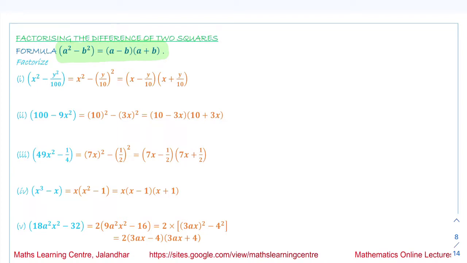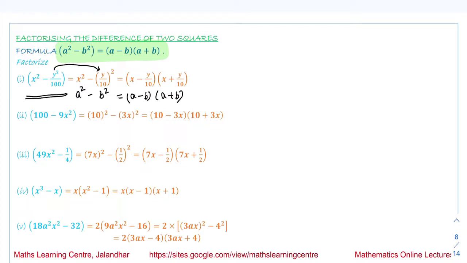So the first direct question is that we have the term x square minus y square by 100. We can write y square by 100 as y by 10 whole square. So this is just like a square minus b square, and we use the formula a minus b into a plus b to obtain the answer.